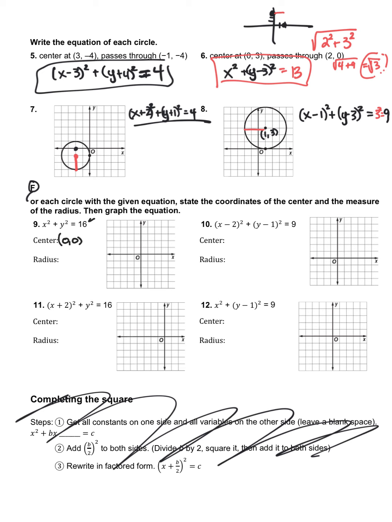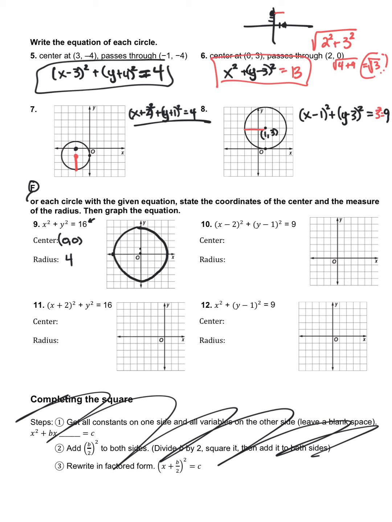The square root of this would be our radius, which would be 4. And then it wants us to graph it. There's our center. I could go up 4, 1, 2, 3, 4, out 4, down 4, and this direction 4, and I can try to draw the best circle that I can right there.